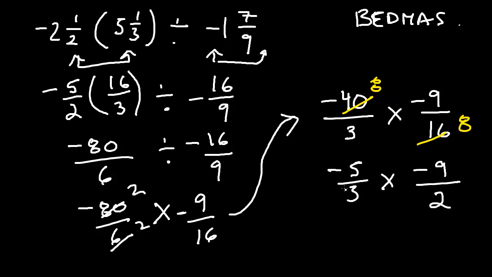Now if we go ahead and perform this operation, negative 5 times negative 9 is 45 over 6.